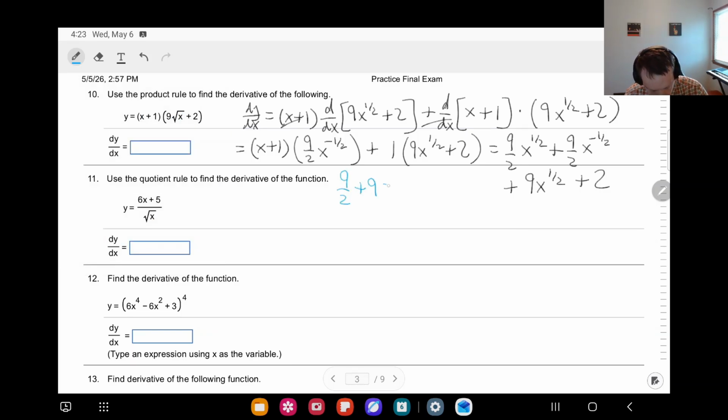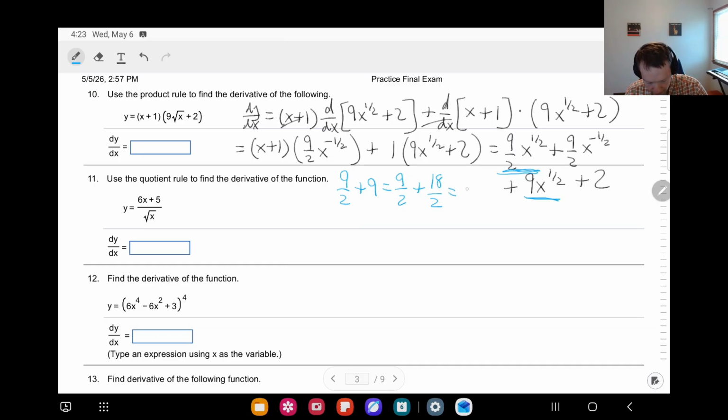9 halves plus 9. To combine these like terms here, we want to rewrite 9 as 18 over 2. Same thing as 9, but now these have the same denominator.